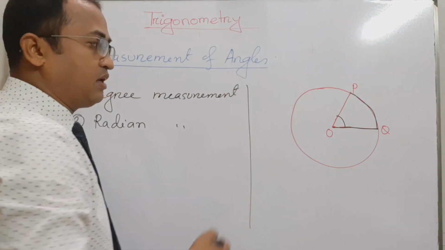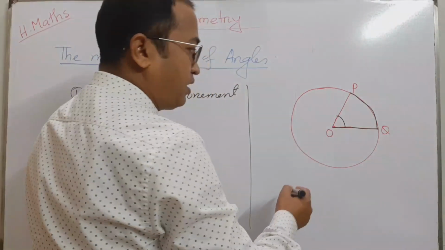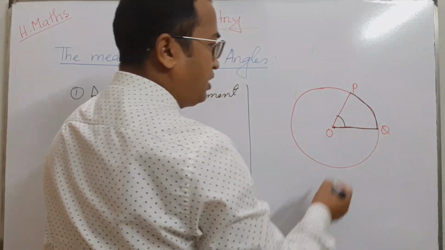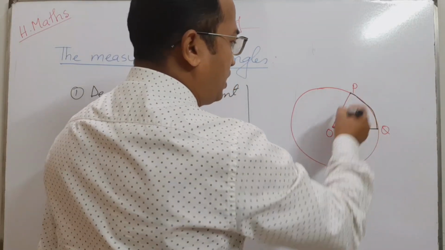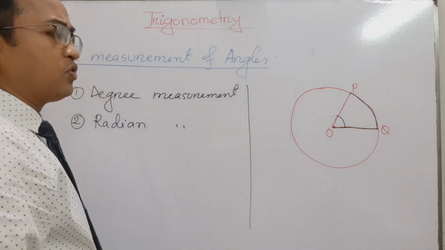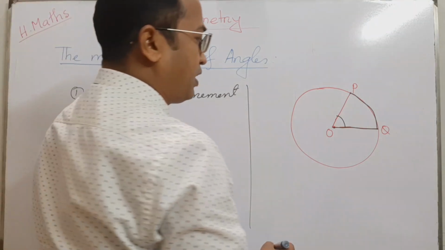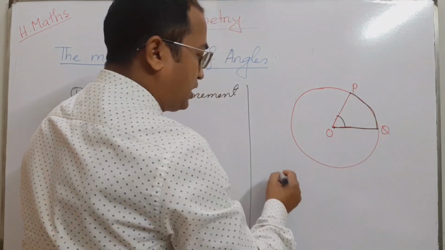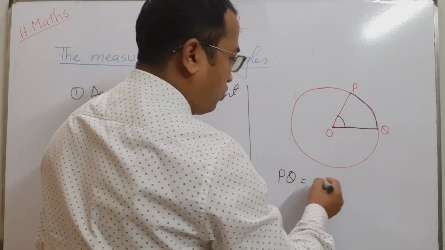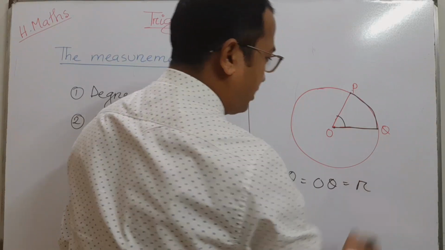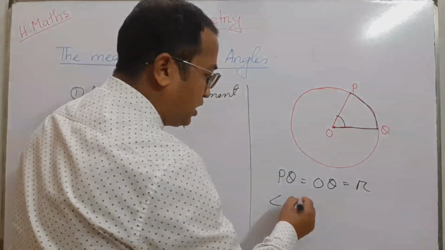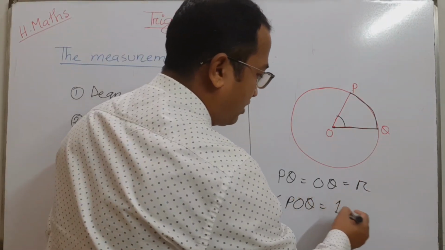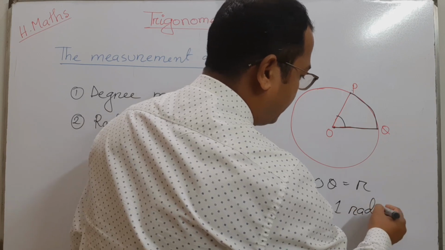In this circle, O is the center and the radius is OQ, and angle POQ is produced at the center of the circle by the arc PQ. PQ is equal to OQ, that is r. So the angle POQ is 1 radian.